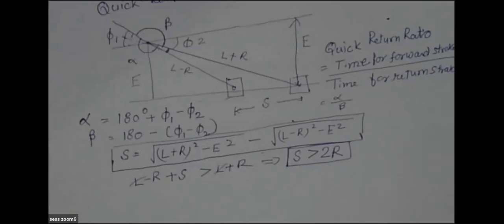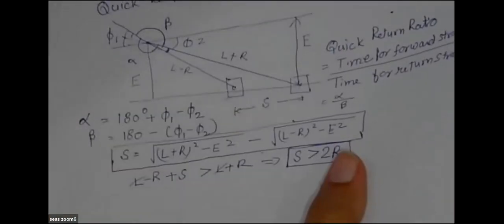And that is also the reason that most of the useful machines or cutting machines use this kind of mechanism, that is, the offset slider crank mechanism. There are two most common offset slider crank mechanisms which are used in various manufacturing machines, and that is the crank and slotted lever quick return mechanism and the Whitworth quick return mechanism. So let's discuss one by one.